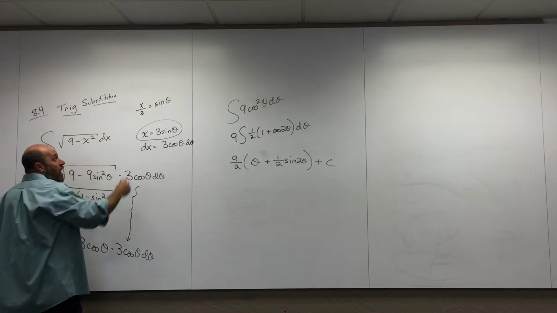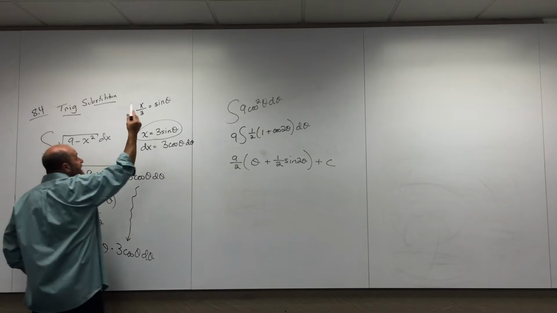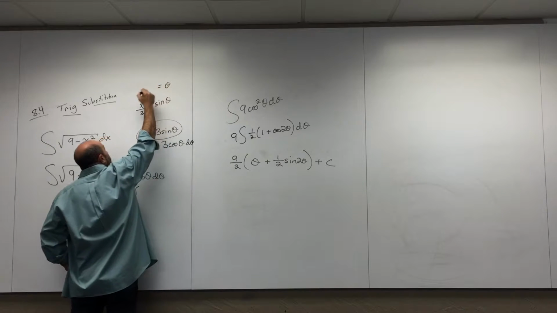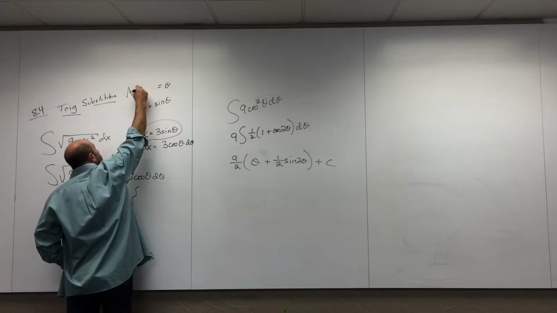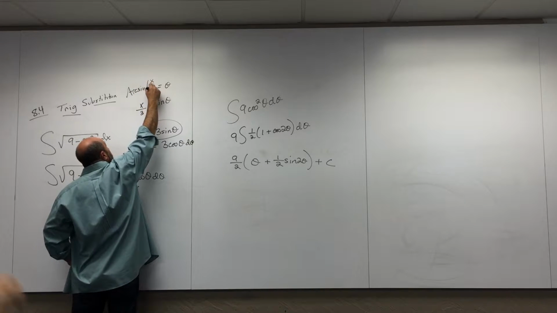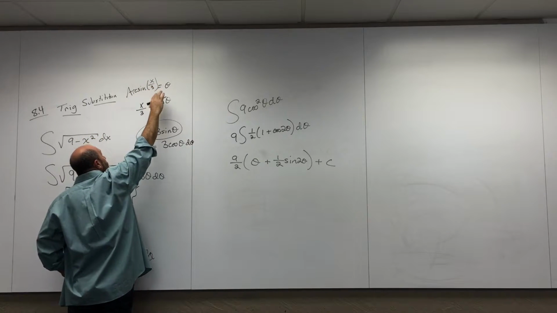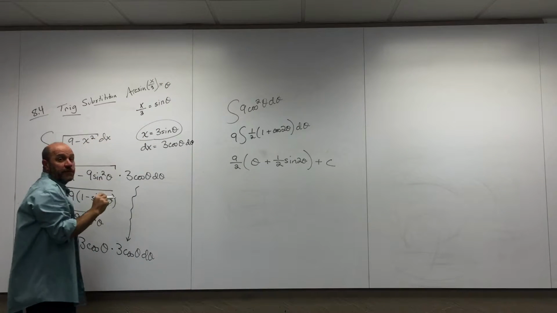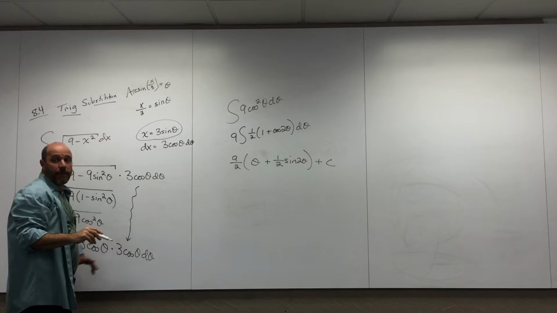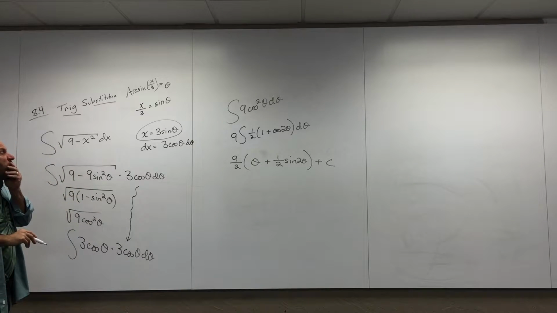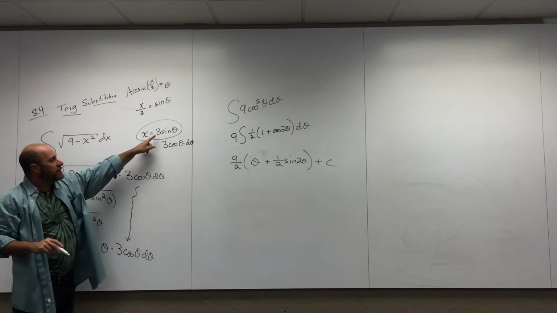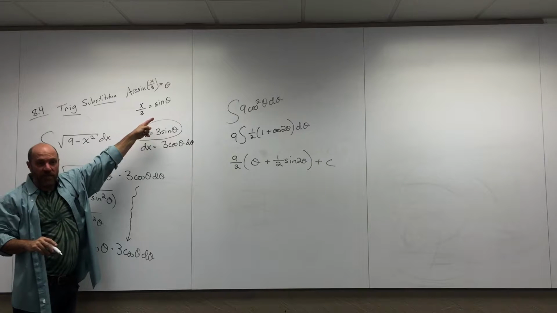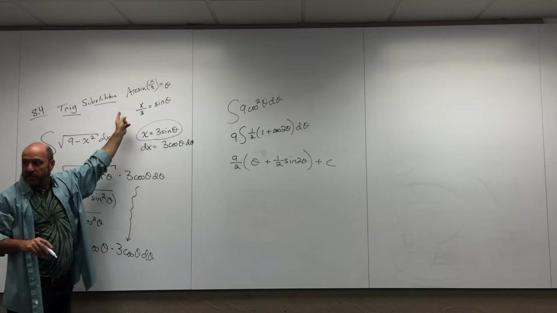And if you wanted to know what theta was, it's the arc sine of x over 3. These are true thoughts. You divide by 3, and then if you want theta, you take the arc sine of both sides.